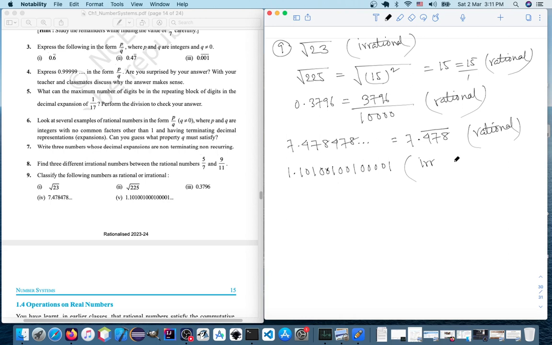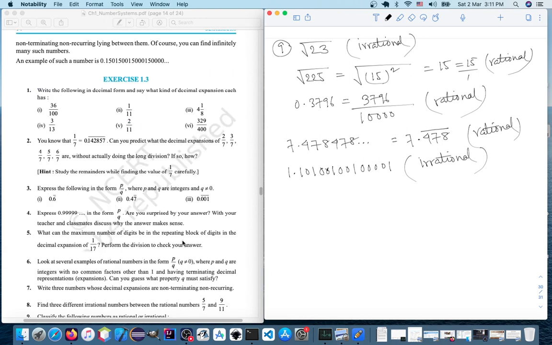We do not see any pattern, any repeating block of digits in the decimal expansion, and also it is non-terminating. Hence, it is non-terminating, non-recurring. Therefore, it is an irrational number. With this, we have completed exercise 1.3.